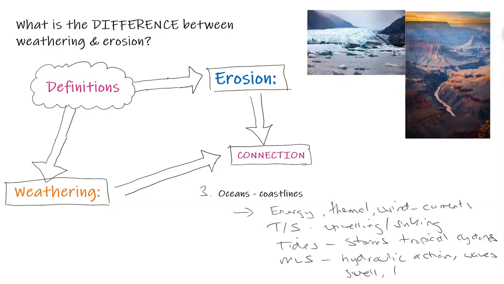Also you've got the topography of the coastline, which can dictate the wave. Is it plunging? Is it spilling? You also have the cliffs. Is it going to be a flat kind of beach coastline? So all these things can change and affect the amount of weathering that can occur along the coastline.